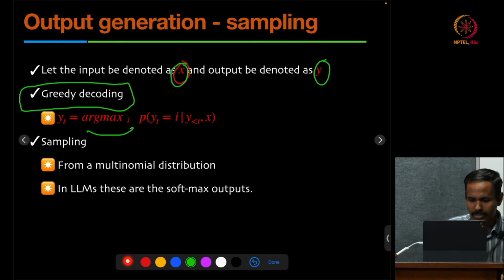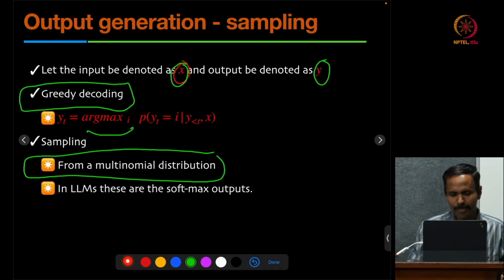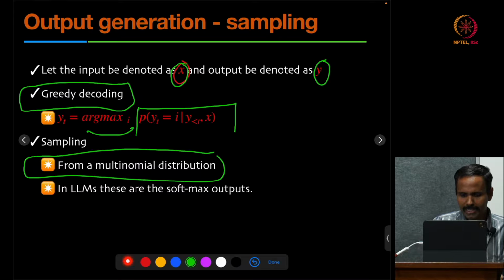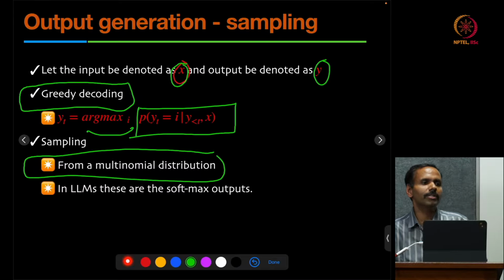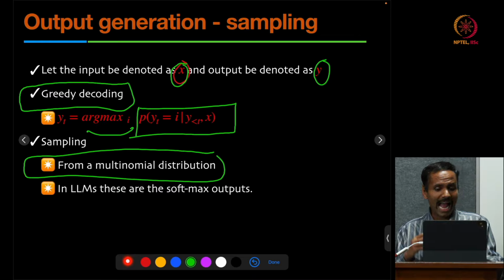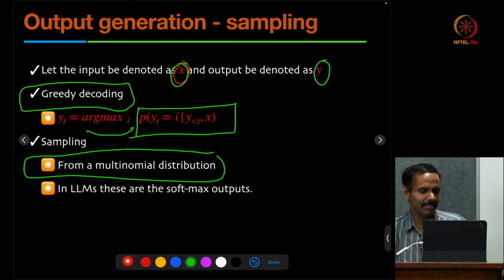If I want to do more than this, I now want to take this entire probability as a discrete distribution over the token space, right. Let us say we have a set of tokens, 50,000 as an example. So I have a 50,000 sized array, and each element is the probability of that token being the output, given the input plus the previous generation.